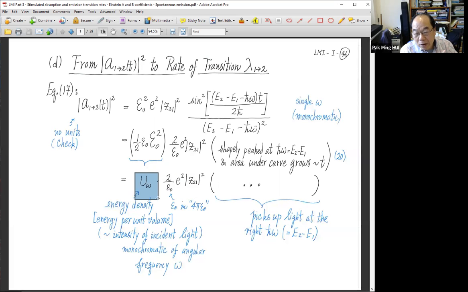This can be related, I think, off by a factor, to the intensity of the incident light at that frequency omega. Notice that I put in a subscript omega because our discussion so far is about monochromatic incident light. It's a single omega. So all the field here is about cosine omega t. So I put an omega here. Okay. What for?